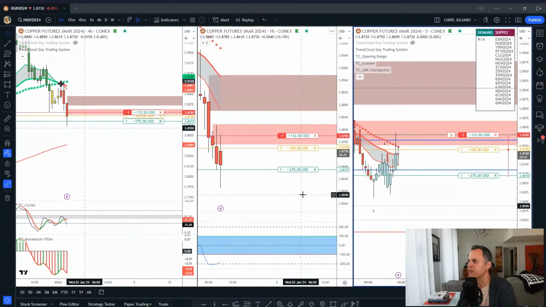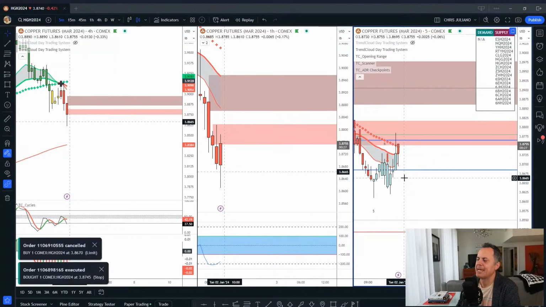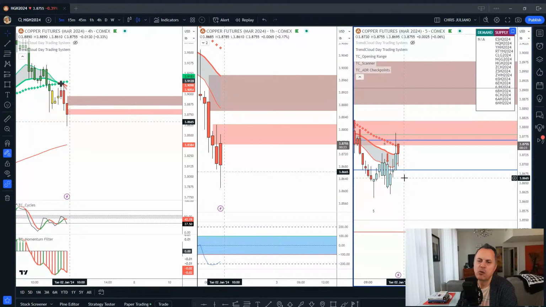We're building a small account, and we're only using one contract, right? There we go. So it took us out. We made $100. The trend is extended, and look, we don't know what's going to happen.